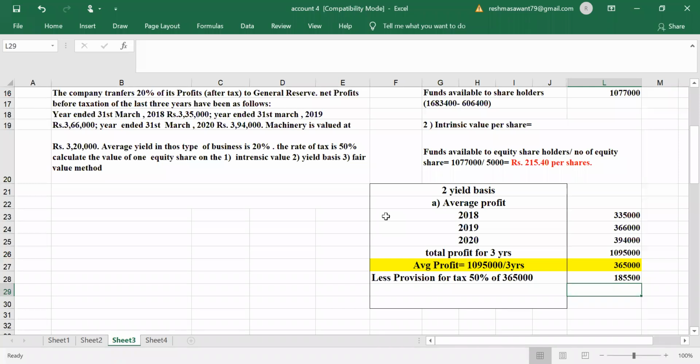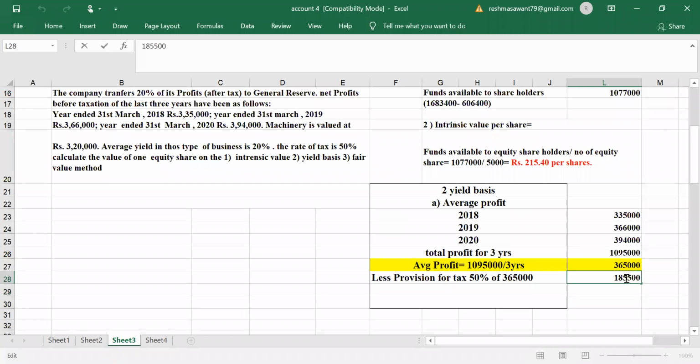Three lakh 65,000 into 50%. Yes, 3,65,000 into 50% is 1,82,500.